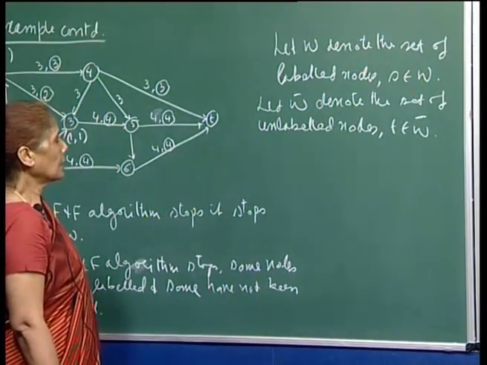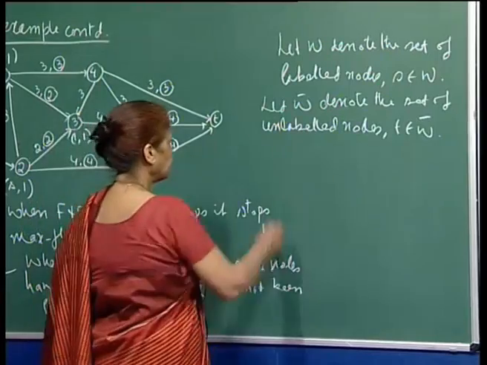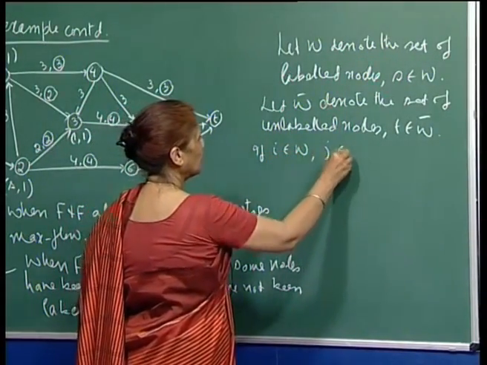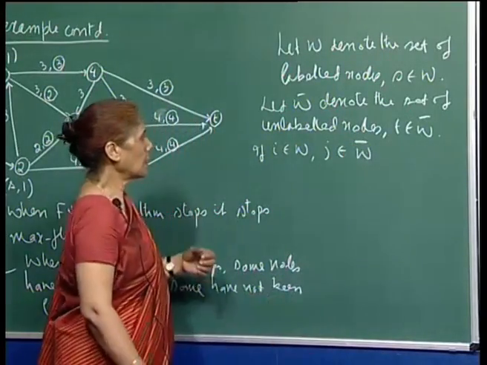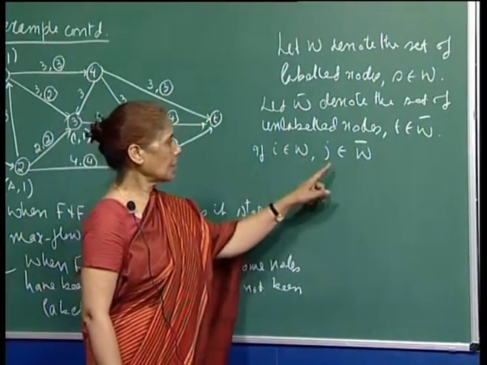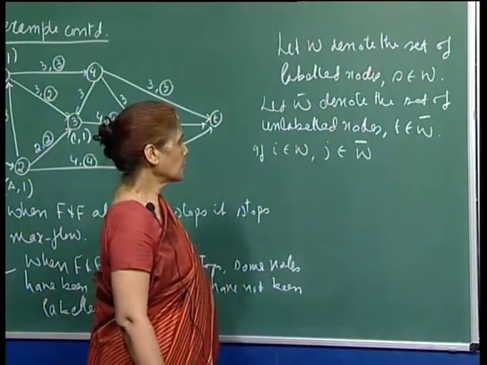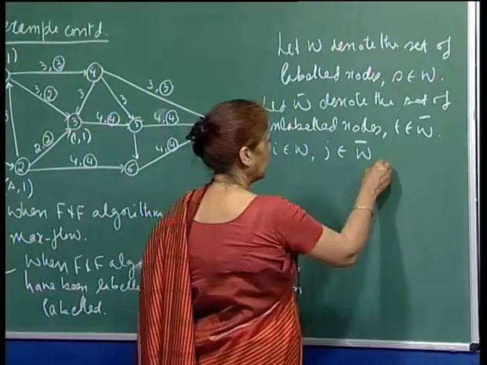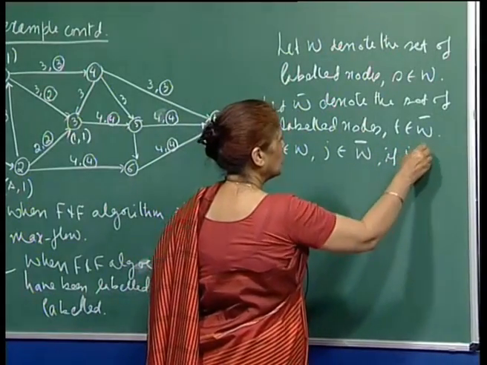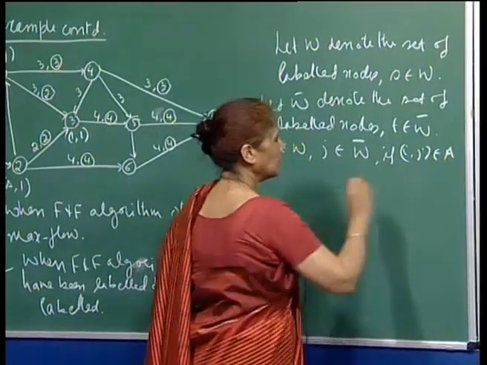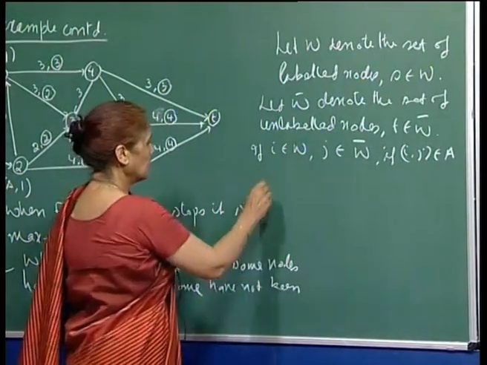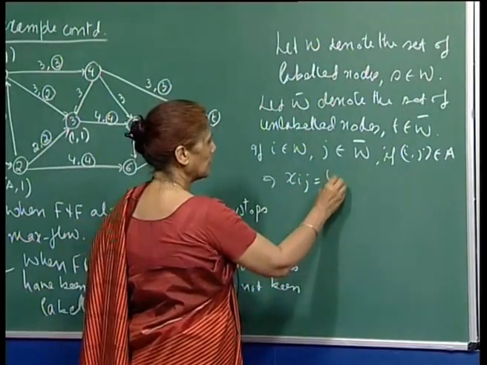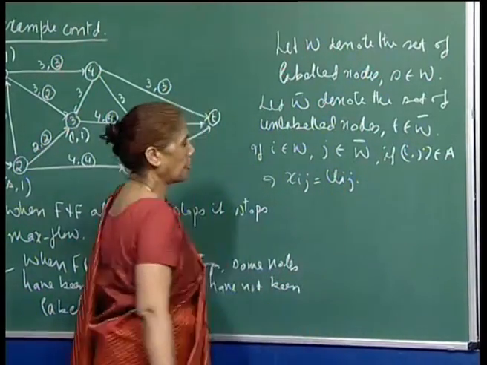So now let us see what is happening. If I belongs to W and J belongs to W bar, that means I was labeled and J was not labeled. And if Ij belongs to A, that means the arc is from I to J. This implies that Xij, the current flow in the network, is equal to Uij.